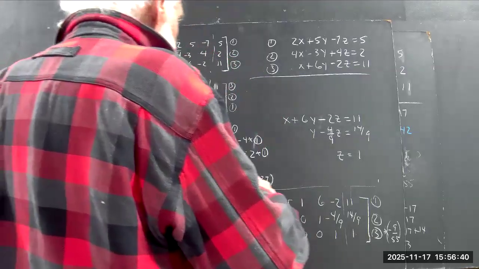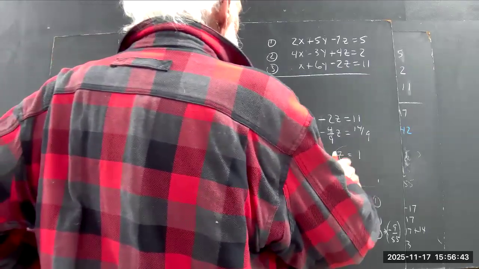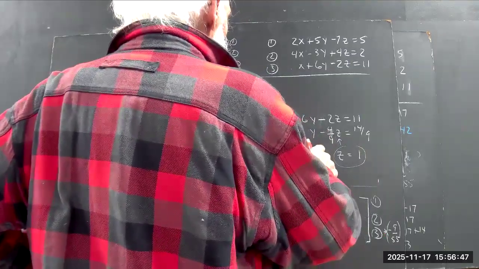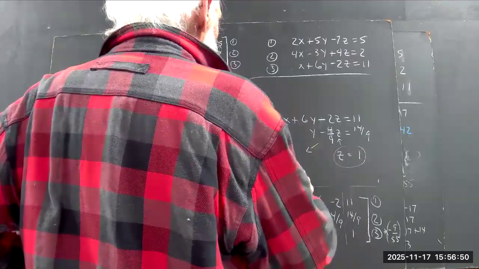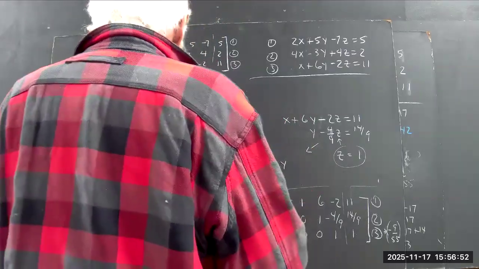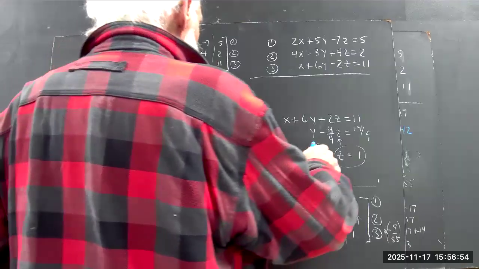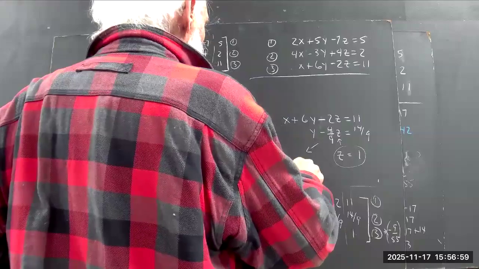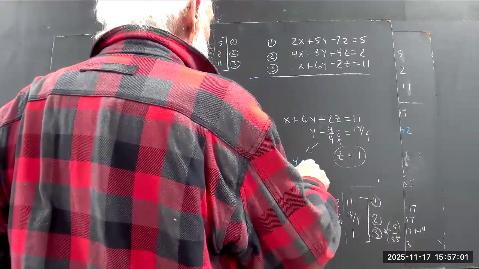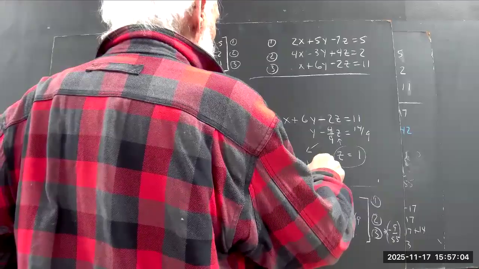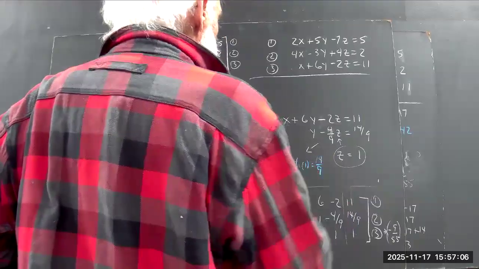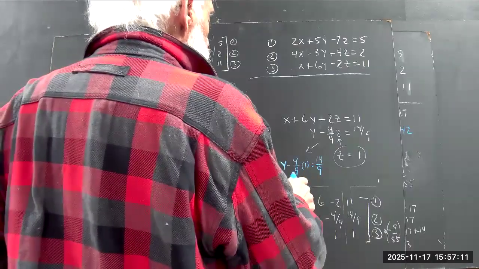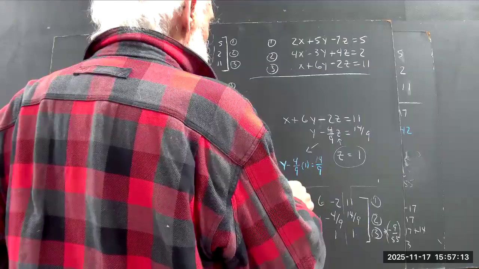I'll write out the details here. And that's going to give us the equation. Write it in a different color. -4/9 times 1 is -4/9. 4/9 times 1 is just 4/9.